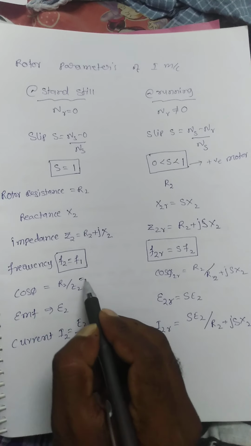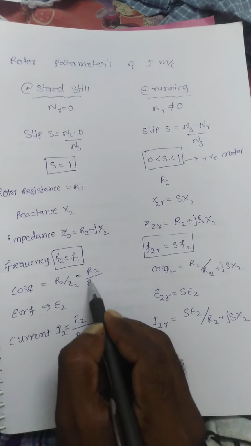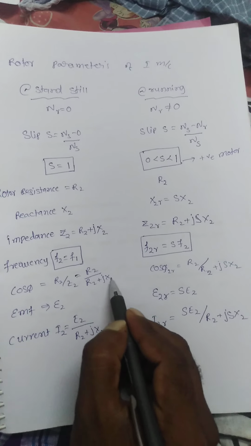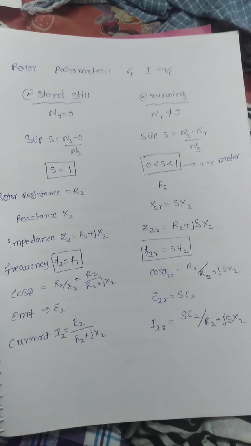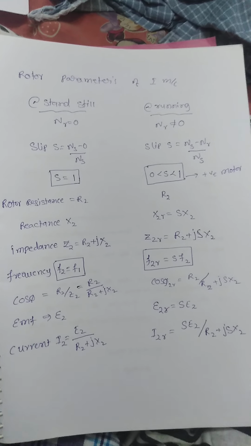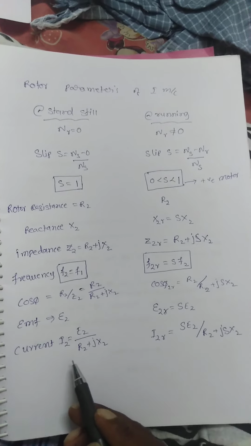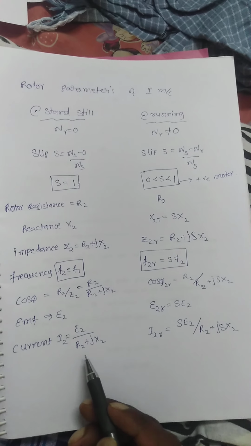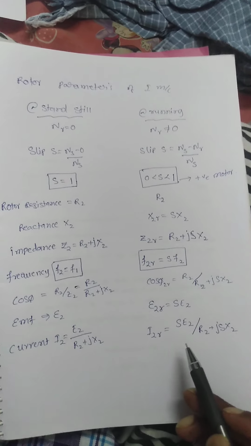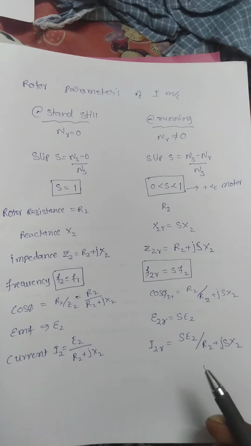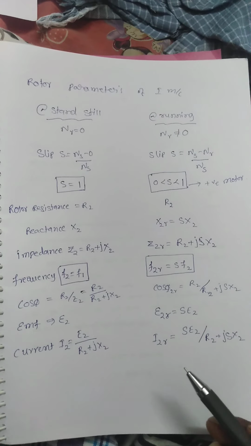Here, R2 by the impedance R2 plus jX2 and R2 plus jsX2. EMFs are E2 and sE2, and currents are I2 equal to E2 by R2 plus jX2, and the currents under running are different, and the currents at starting are different.